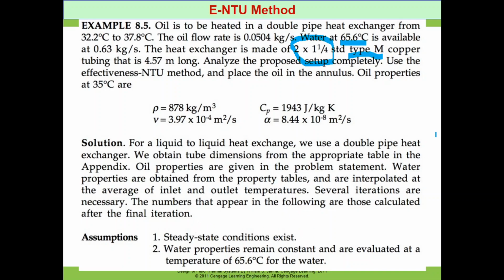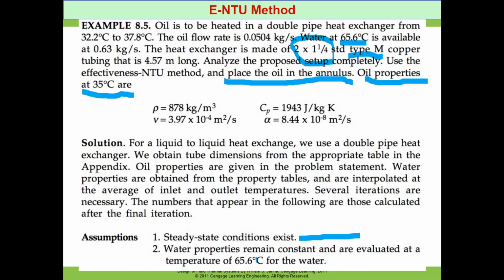Okay, so some of the steps will remain constant. One more thing is that it is given to place the oil in the annulus. So the oil should be placed on the annulus side, and the oil properties should be taken at 35 degrees Celsius. They mention clearly what you need to do. When we solve it, we will again use steady state analysis.